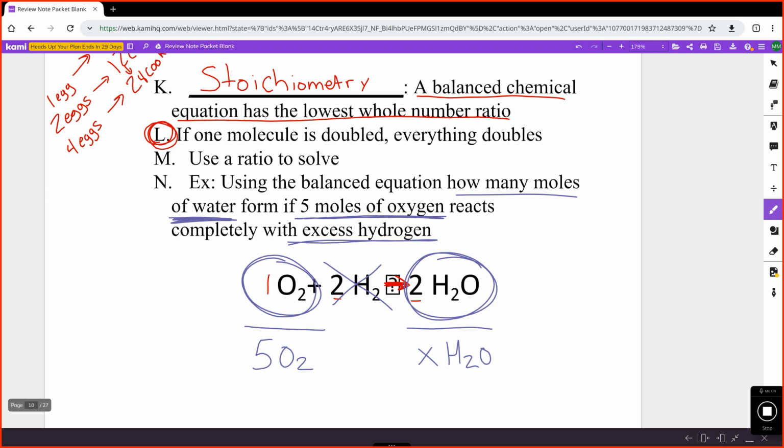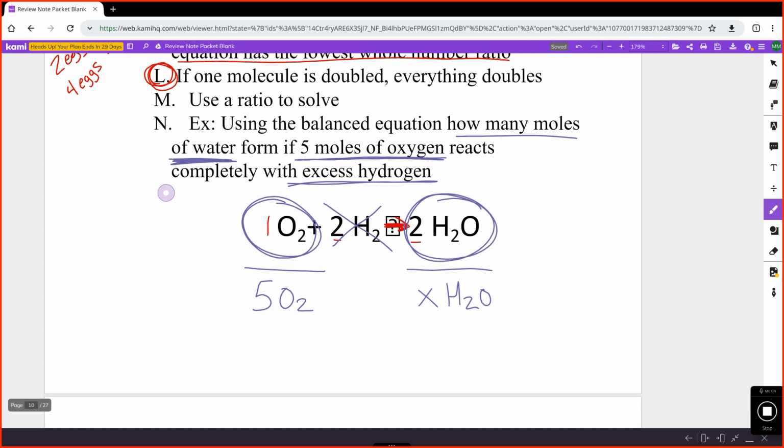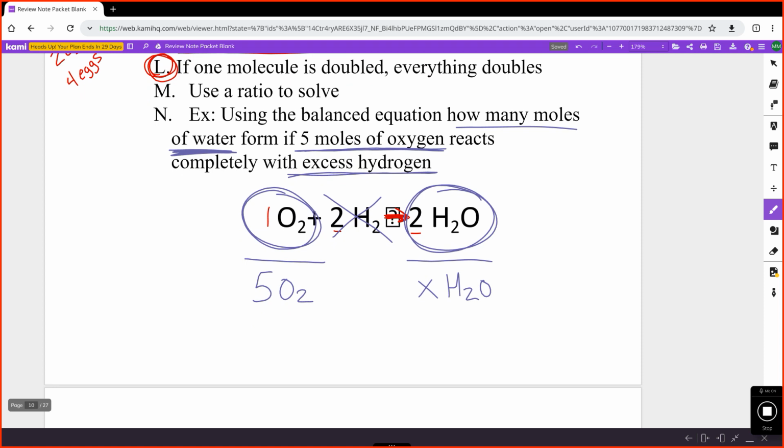And if I set it up like this, well, I read the question like that, you can turn this very difficult thought process into a very simple ratio. Right? And it's that I started with 1 and now I want 5. This is going to equal, well, if I start with 1, I normally end up with 2, but now I want to know how many I'm going to end up with instead.